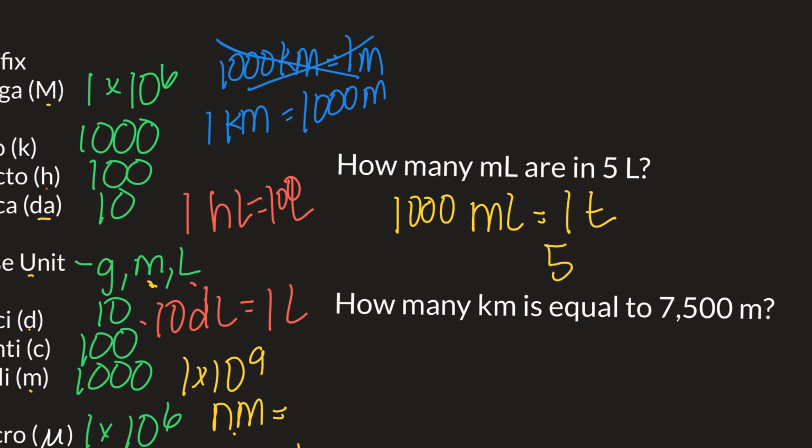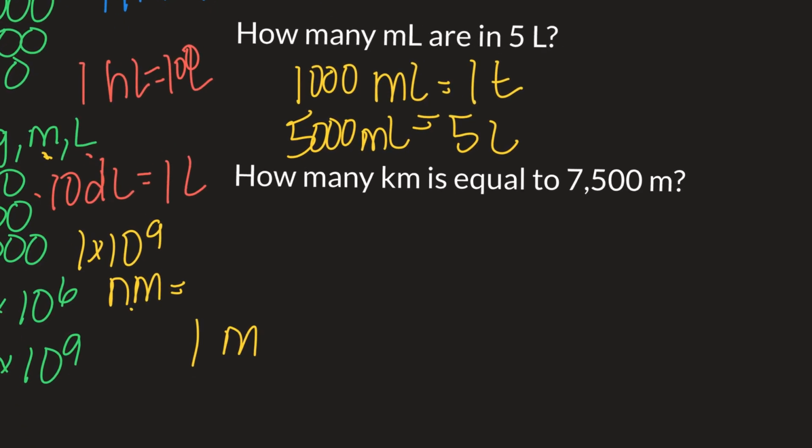So if you have 5 liters, you have 5,000 milliliters. I'm going to show you eventually in a day or two how we do these in conversions, and we're going to do this differently.